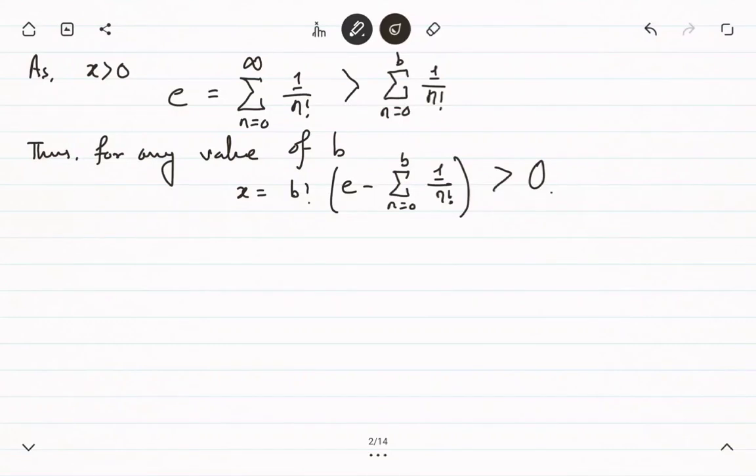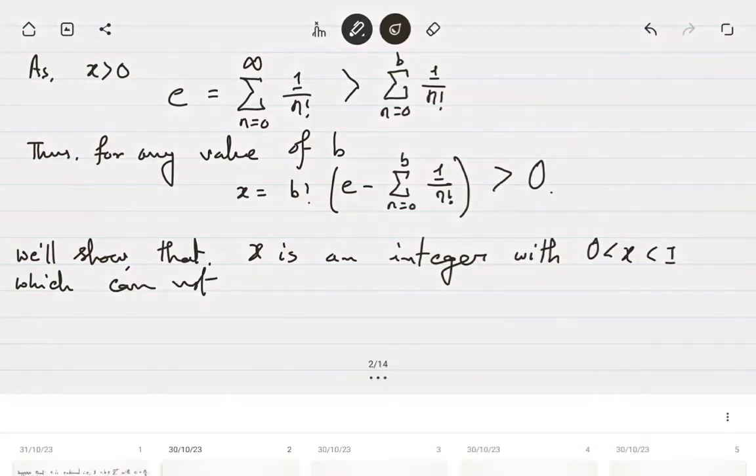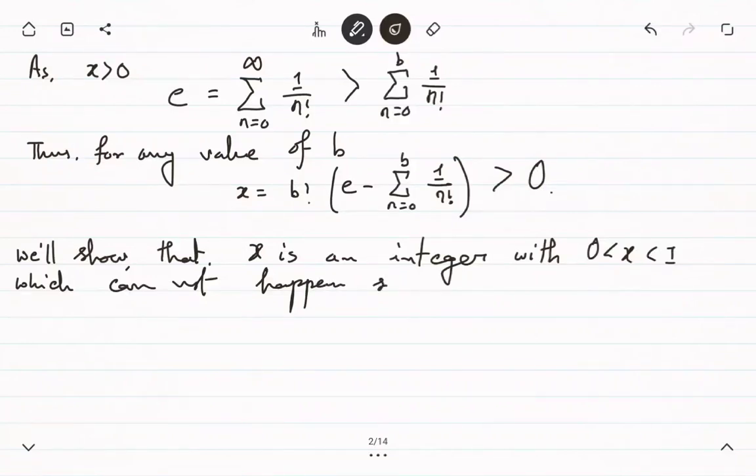Finally, as I said, we will show that x is an integer with x between 0 and 1, which cannot happen simultaneously.